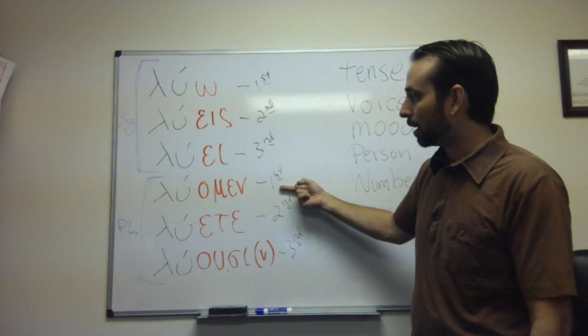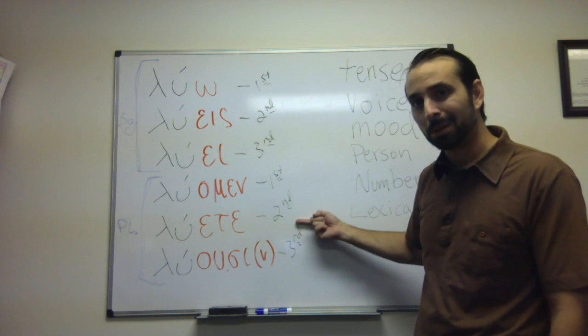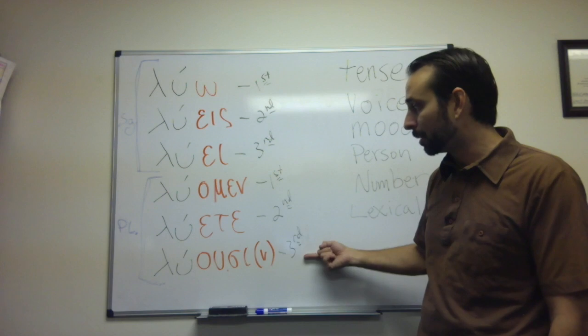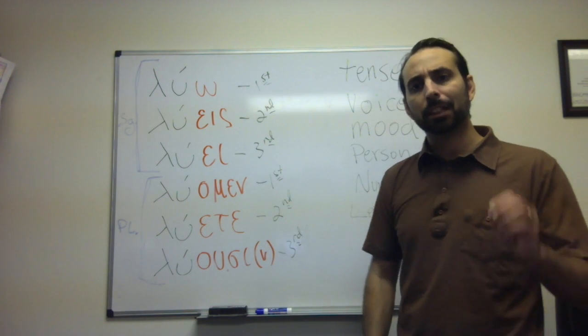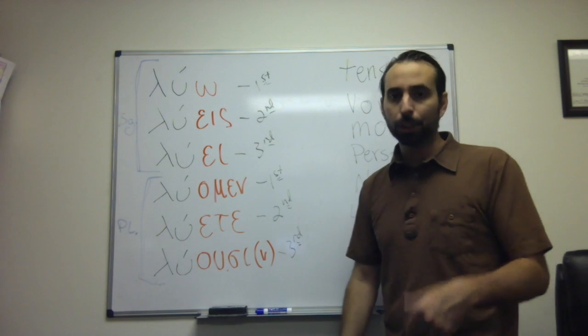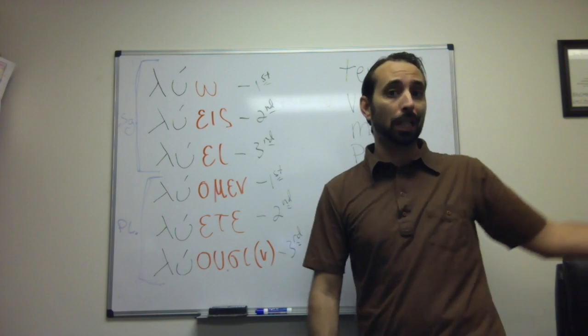And then we loose, you loose, but in the plural, you all loose, okay? And then they loose. By the way, isn't this neat? In English, let's say I'm standing in front of a classroom and I say, you open your book. You don't know if I'm talking to an individual in the classroom or the whole classroom.